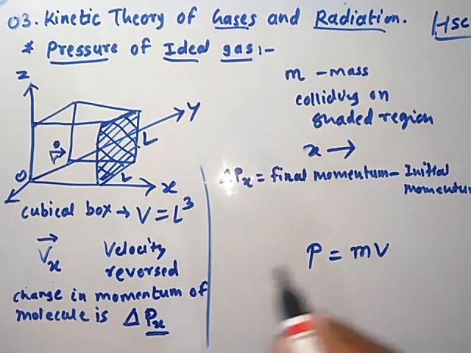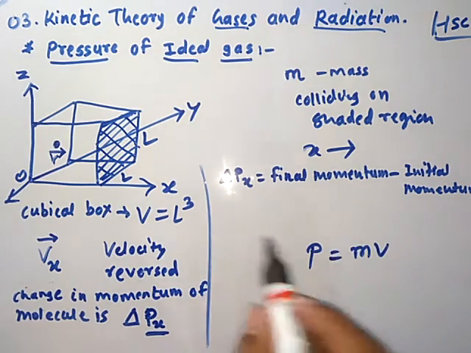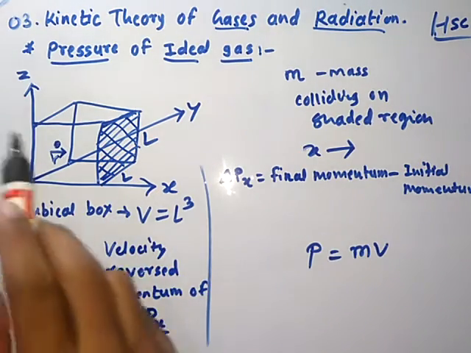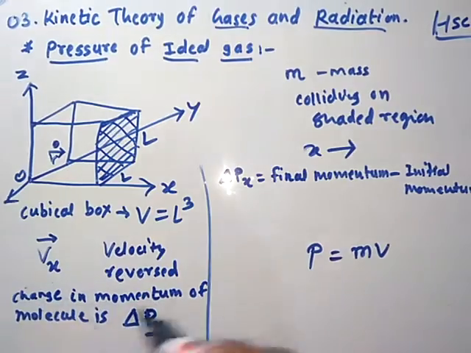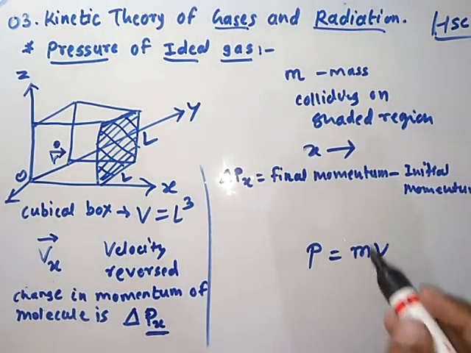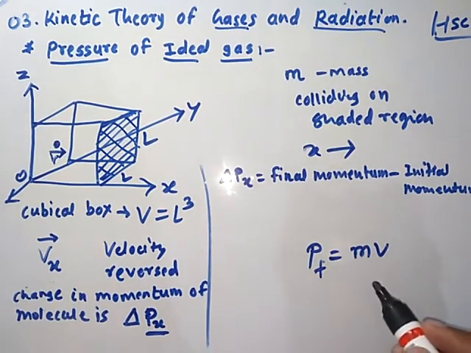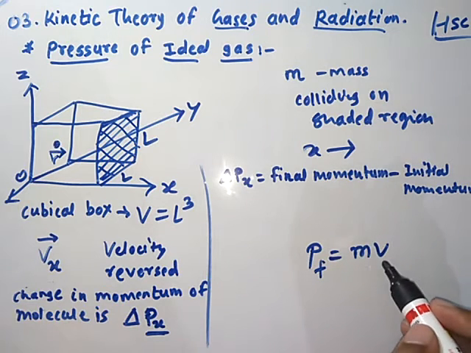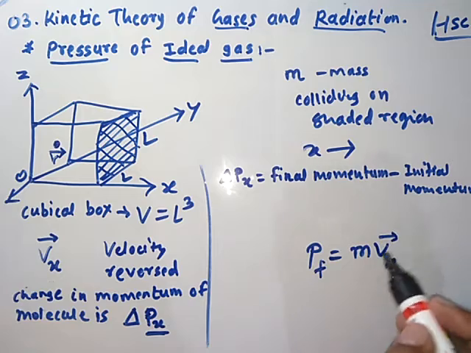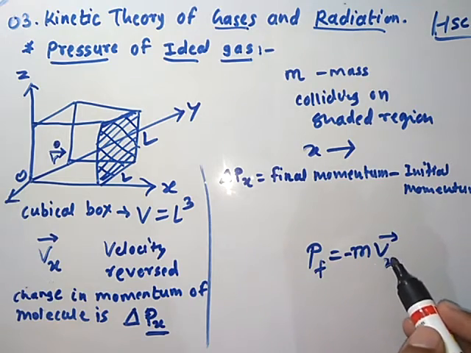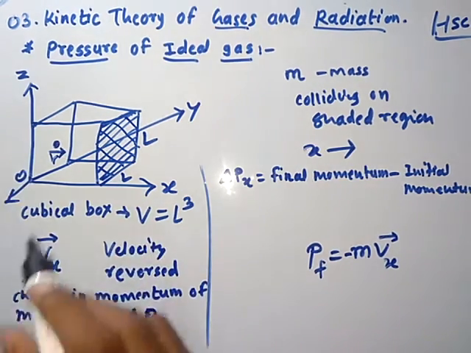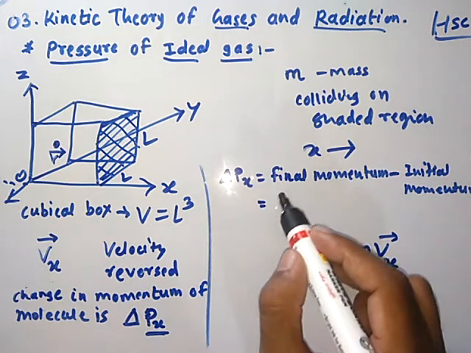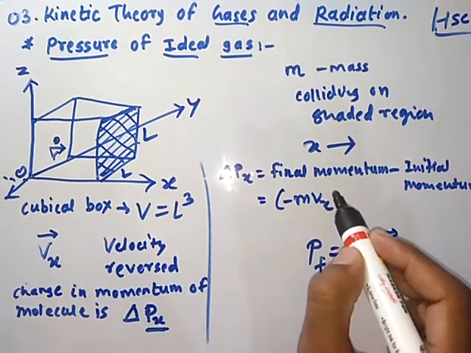For this case, the final momentum, when the particle rebounds back and goes to this wall, becomes pf, which is equal to the mass of that particle, which remains constant, and v is vx bar, but it is negative because the velocity becomes negative in the negative direction. So the final momentum becomes negative m vx.